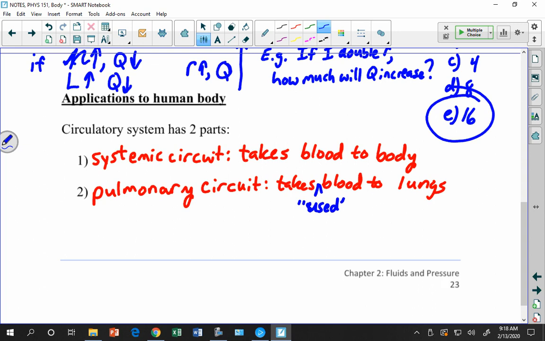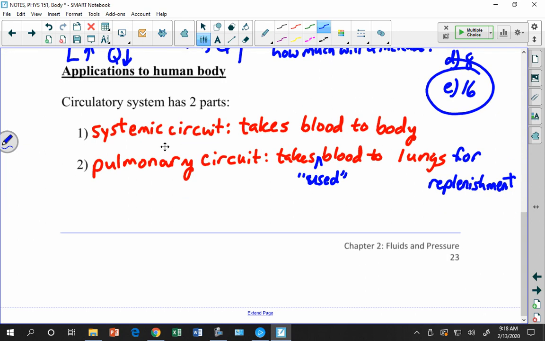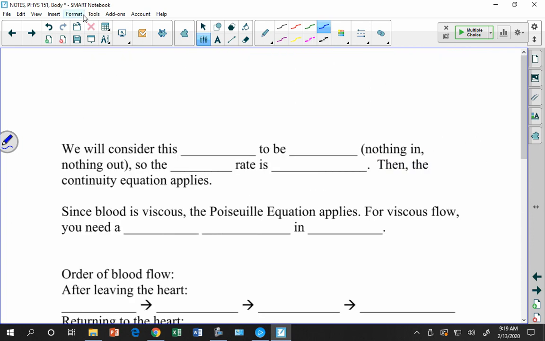Oh, that sounds a little sketchy. But it takes blood that has been depleted of its oxygen to the lungs, and then there it's replenished. All right. Be able to identify both of those, know what they do. Everybody get that?